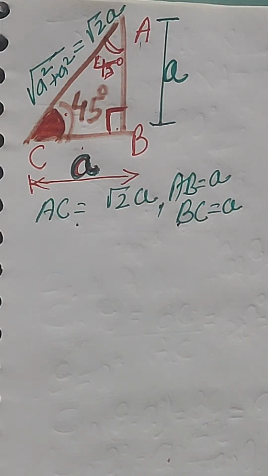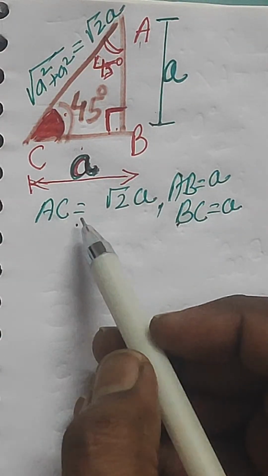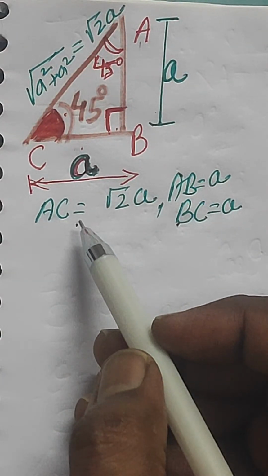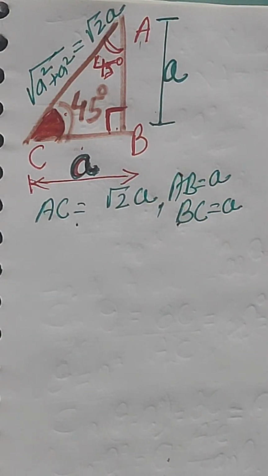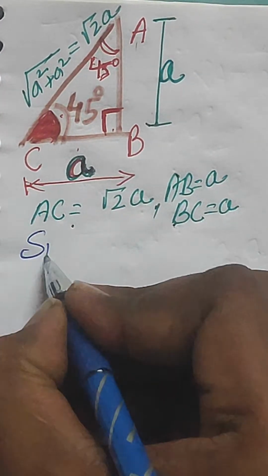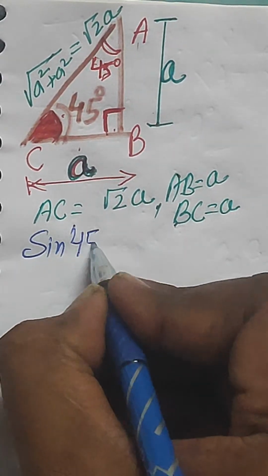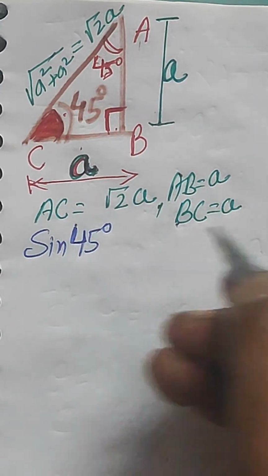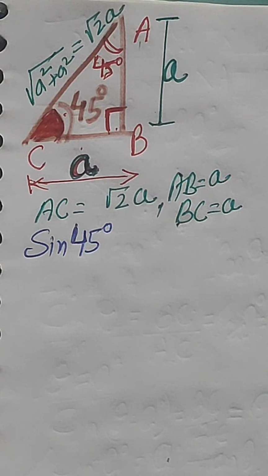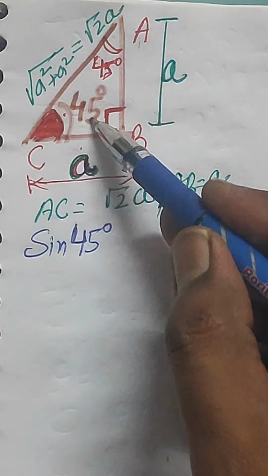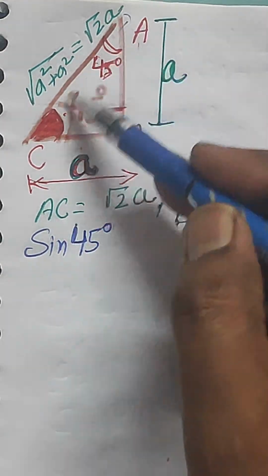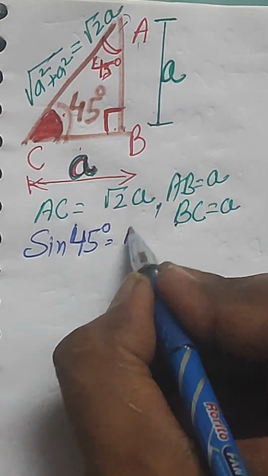Now quickly calculating the value of the different trigonometrical ratios over here. First of all, take the value of sine 45 degree. How will sine 45 degree be calculated? So sine 45 degree will be AB by AC, isn't it?